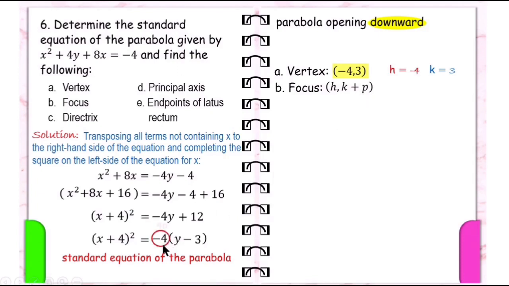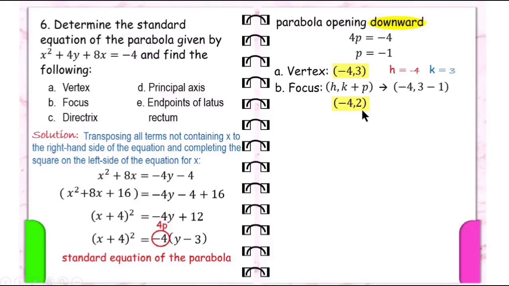If 4p is equal to negative 4, therefore p is equal to negative 1. Negative 4 divided by 4 is equal to negative 1. So the focus is negative 4, 3 minus 1, which is equal to negative 4, 2. We copy negative 4 and simplify 3 minus 1, which is 2.